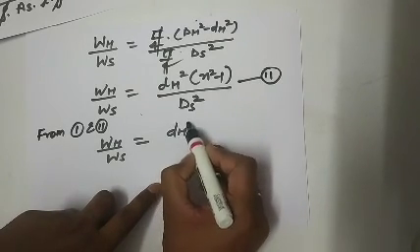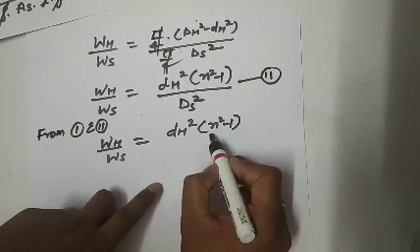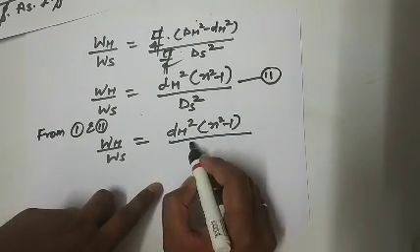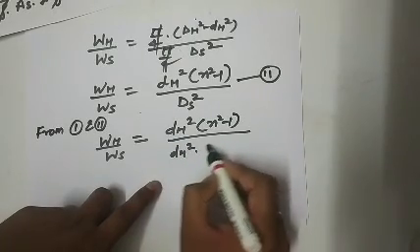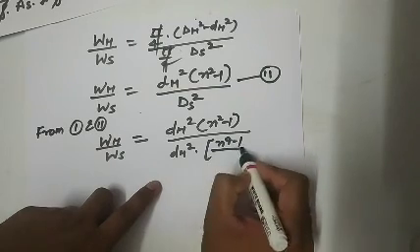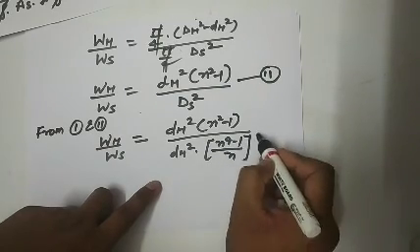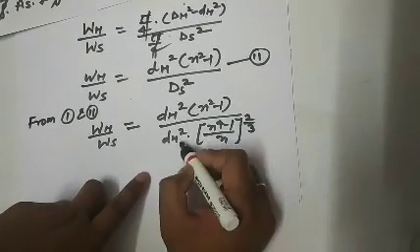T h square (n square minus 1) upon d s square will be equal to d h square (n to the power 4 minus 1) upon n, and this will be equal to 2 by 3, right?